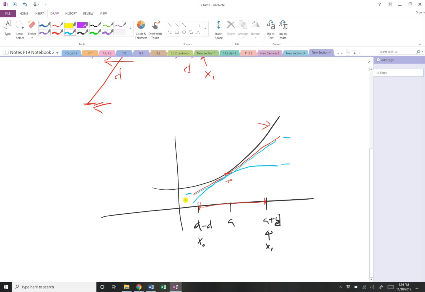This is the worst case we could get over here, and this is the worst case we could get over here. This is a quadratic, so how much is that? Well, you're going to have x minus a squared, because it's quadratic. It's the acceleration.